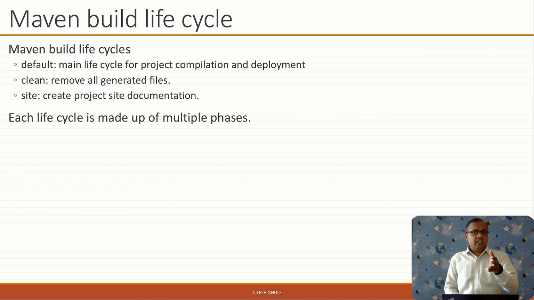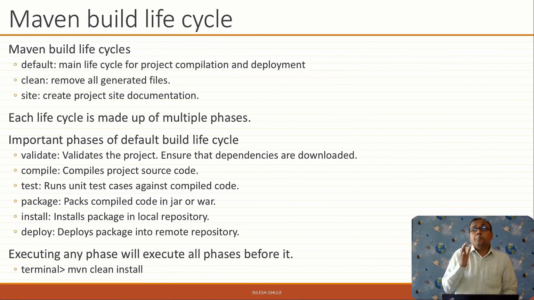Now each of these lifecycles is made up of multiple build phases. The most important lifecycle is the default lifecycle. So let us take a look at the most important build lifecycle phases over there. The first phase in the default lifecycle is the validate phase, which ensures that everything that you need for building the application is available, which also includes the third party libraries.